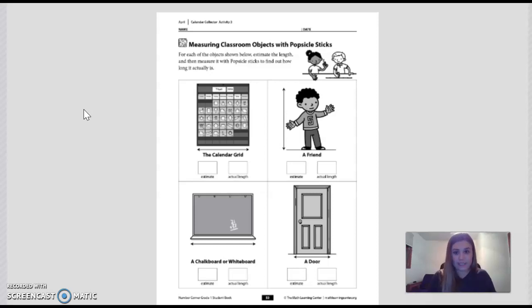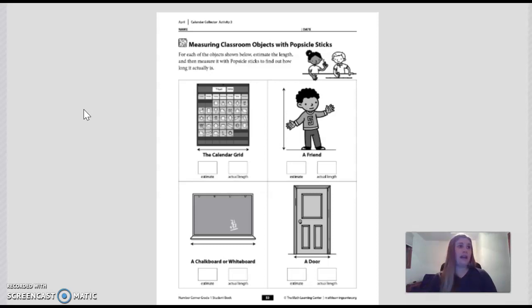Now if you want to do this activity with any type of thing that measures, if you have a lot of pens at home, and you want to measure with pens, go for it. If you have a lot of books at home, you could measure in books. If you have a lot of Post-its at home, you could measure with Post-its.